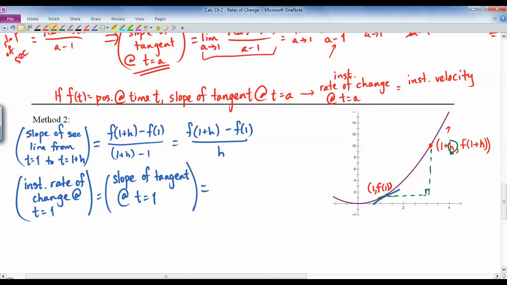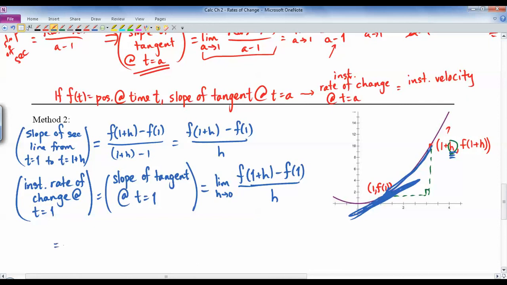And that's really the same thing as the slope of the secant line that we just figured out, f of 1 plus h minus f of 1 all over h, except that I want h to get smaller and smaller and smaller so that eventually this point approaches this point, and my secant line approaches a tangent line instead. So as h goes to 0.